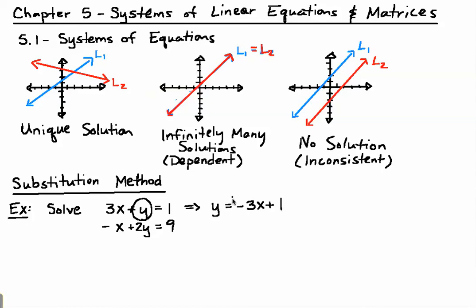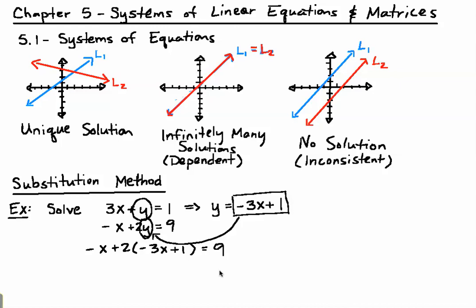Now I'm going to take what y is equal to, negative 3x plus 1, and substitute it into my second equation. When I substitute, this gives me negative x plus 2 times (negative 3x plus 1) equal to 9.